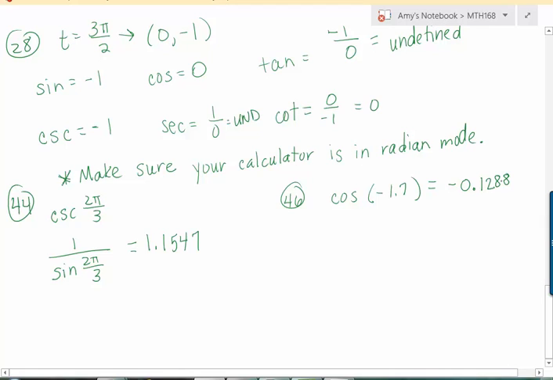Number 48 is asking us to find the cotangent. And of course, we do not have a cotangent button. So you would use your tangent button and do 1 over the tan of negative 0.9.